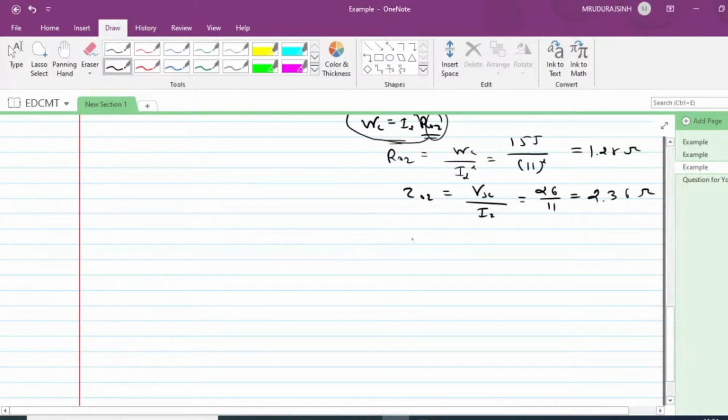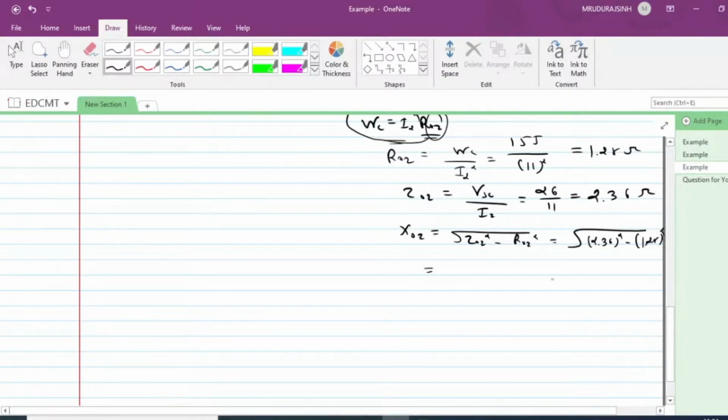So that is Z02, and then we go for X02, which is equal to the square root of Z02 square minus R02 square, that is 2.36 square minus 1.28 square.